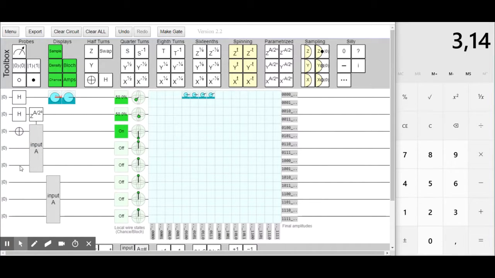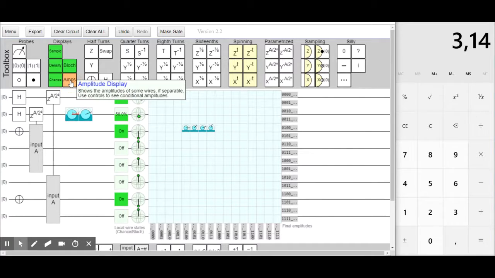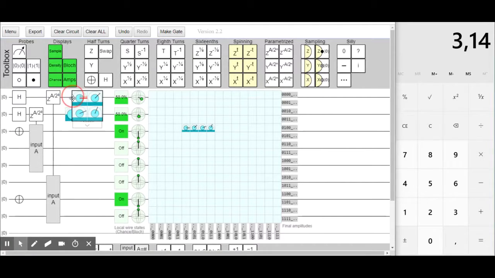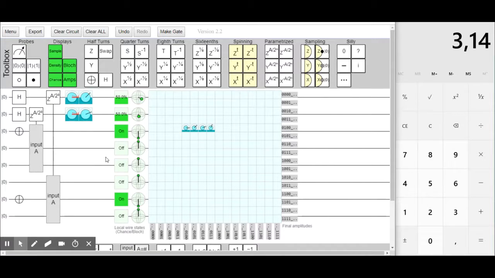And I do a 1 here and a 2 here, right? And then this is a rotation here. And then I see the amplitudes. So as you can see, and that's what I'm trying to achieve, right?